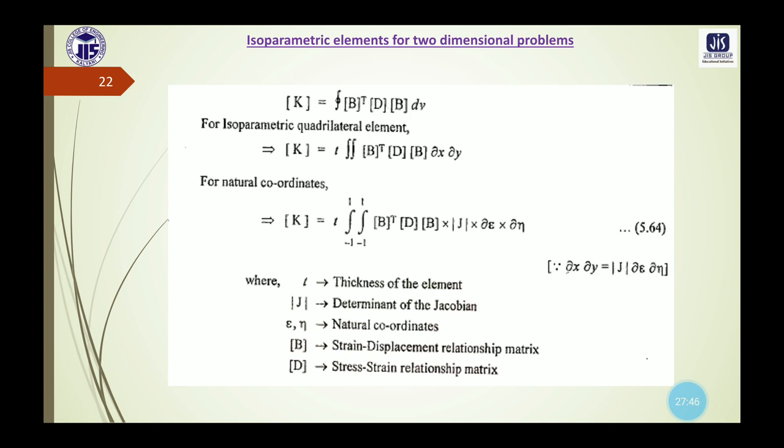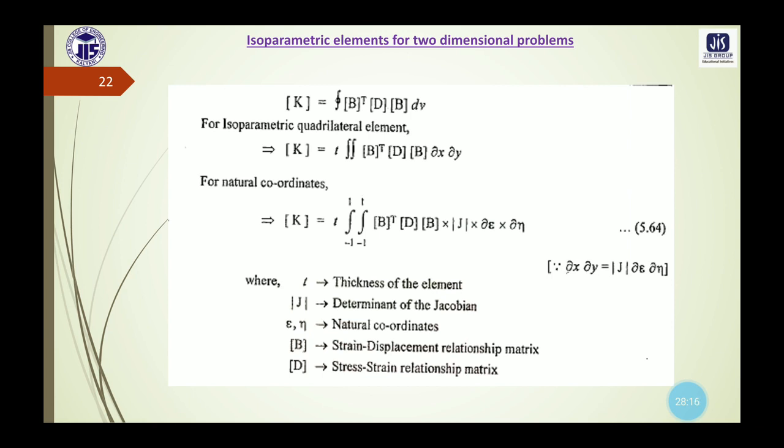Now for natural coordinates, we get equation number 5.64, that is for the K matrix. In this K matrix representation, t is the thickness of the element, J is the determinant of the Jacobian, epsilon and eta are the natural coordinates, B is the strain displacement relationship matrix, and D is the stress strain relationship matrix.